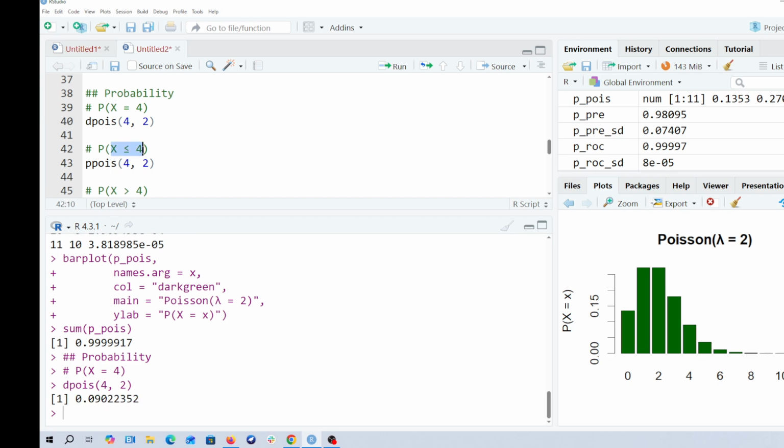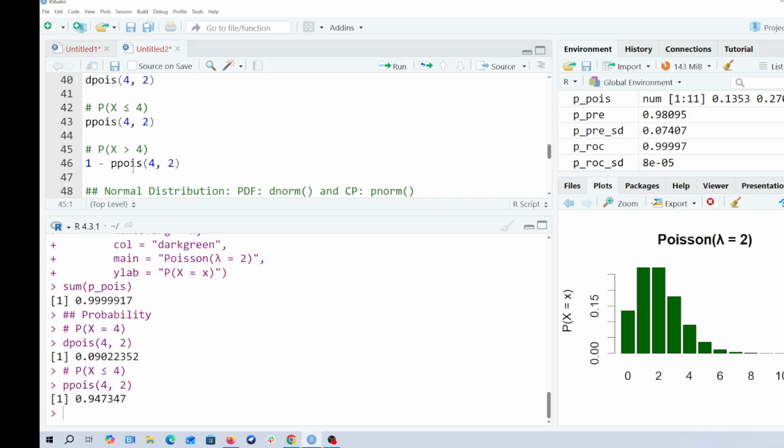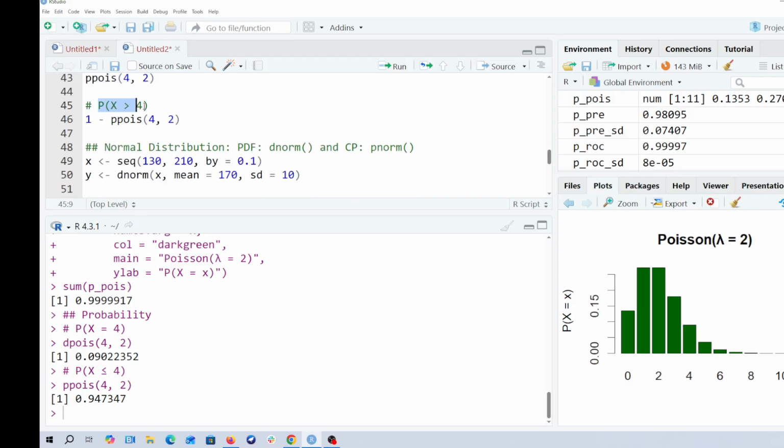If it is a cumulative distribution function, we are going to use the ppois. If we are looking at the probability of x greater than 4, it is the same as 1 minus the probability of x less than or equals to 4. That is why you see that I'm using 1 minus this value here, like in the case of the binomial.